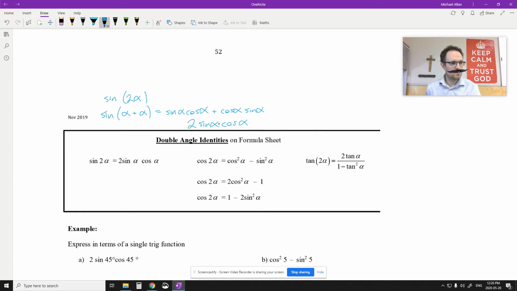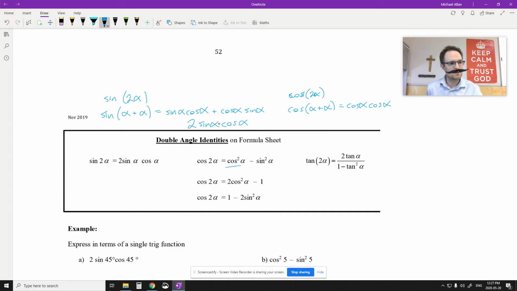The cos one comes from a few different things. You can see here that it starts off pretty easy, right? So if I do the same thing with the cos 2 alpha, which is going to be the same as cos alpha plus alpha, it ends up being cos alpha times cos alpha.